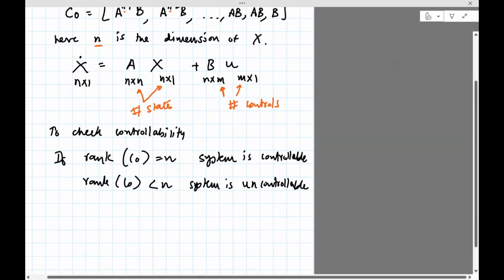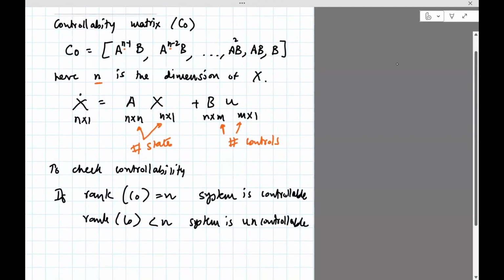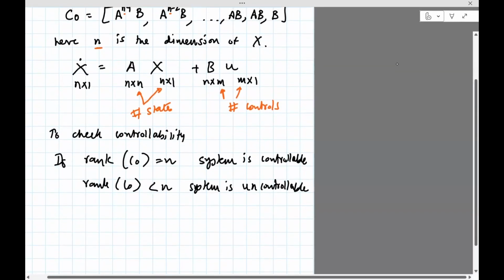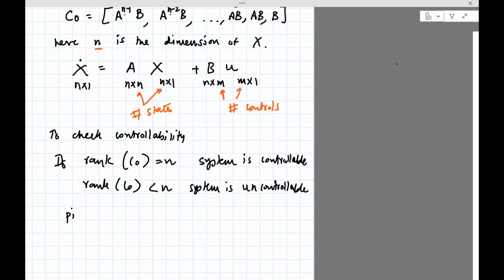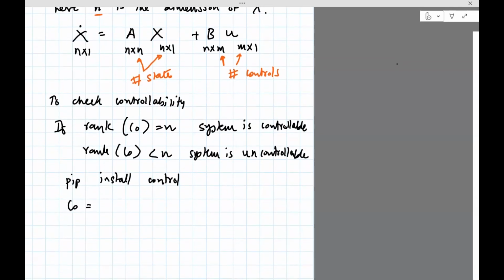To do this, you could set up this controllability matrix and then check for rank, but Python makes it easy for you. You can install a package called control, and then you can compute the controllability matrix by importing control, the package control, and using the command ctrb. Ctrb is controllability.